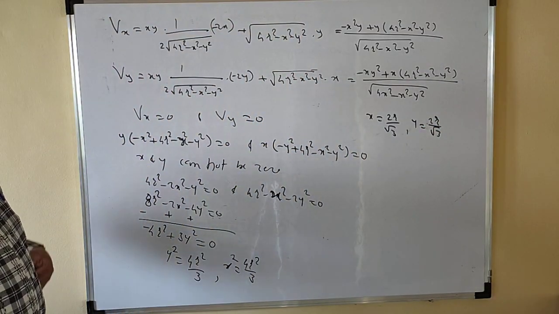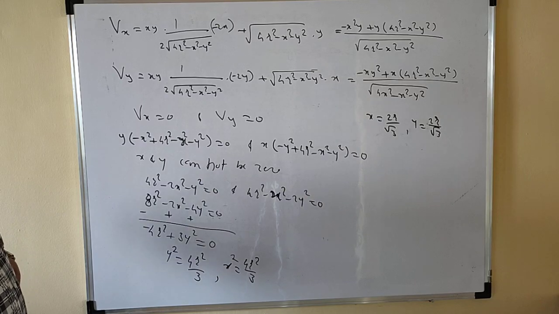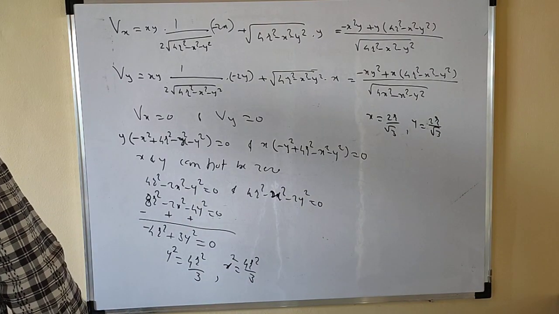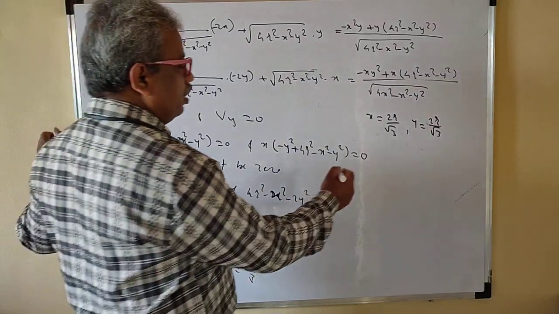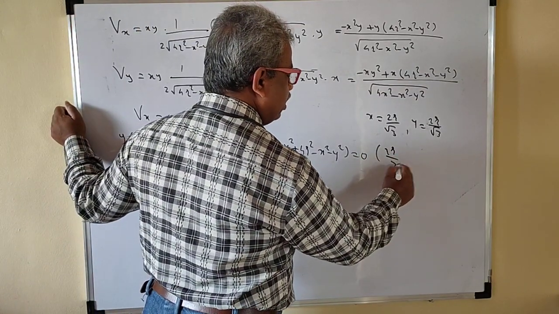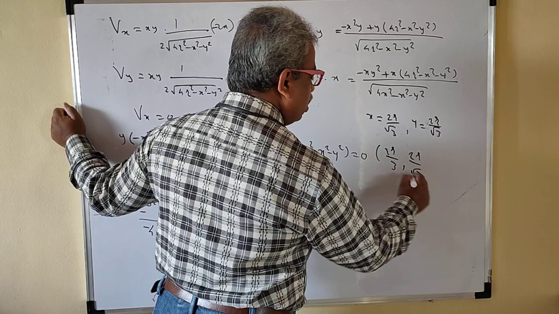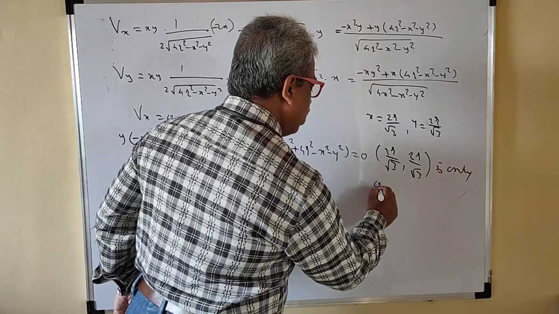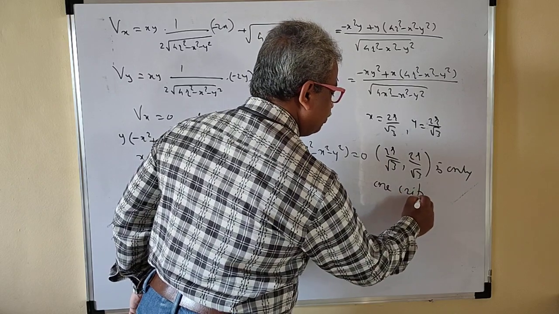Okay, this is your x, y. You need to find z now. Okay, so how can you find z? So we get only this, right? Twice r by root 3 is only one critical point.